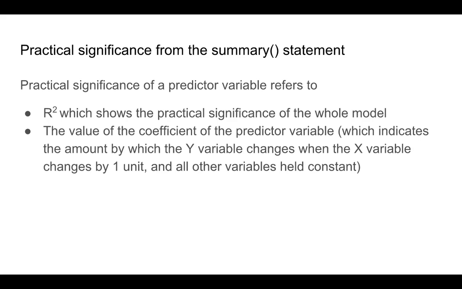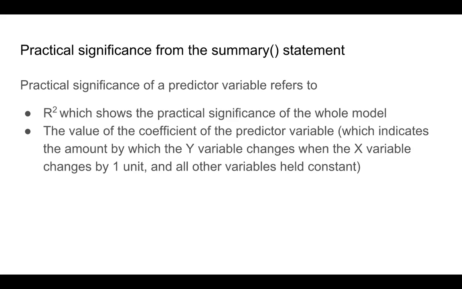And practical significance from the summary statement. What is the difference between practical significance and statistical significance? Practical significance is the R square, which shows R square for the whole model. The value of the coefficient of the predictor variable is also a measure of practical significance. I can say that variable x1 is practically significant in explaining y if a unit change of x1 causes a significant change in y in terms of the values of change in y.